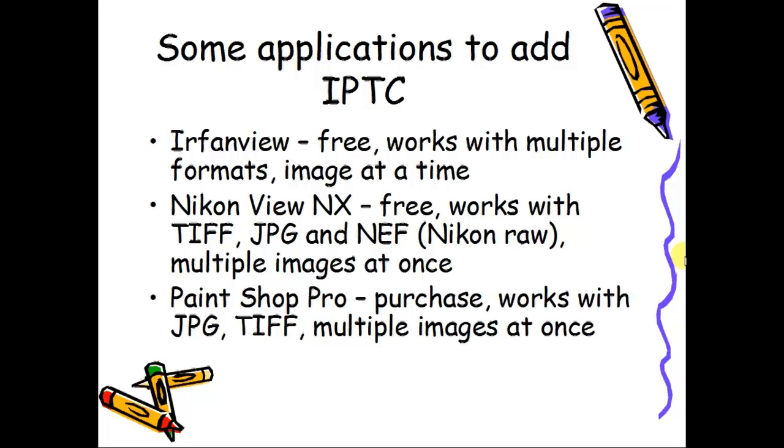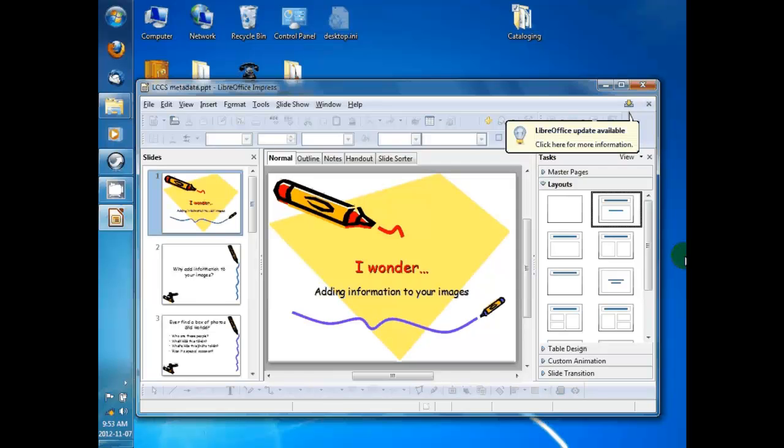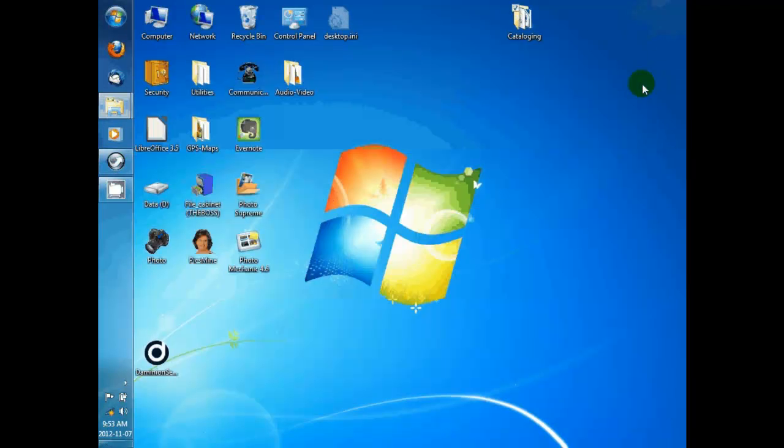It's pay, but it lets you add the data to the images. So those are some of the programs that you can use to add data to the image itself. Now, IrfanView will allow you to read that also. Any of these programs that add the information will allow you to read it.